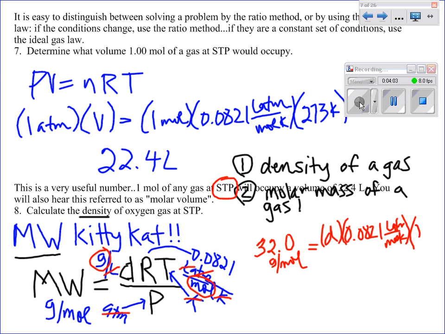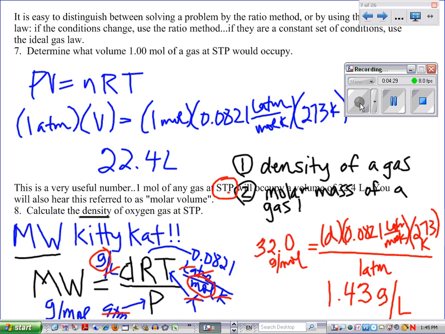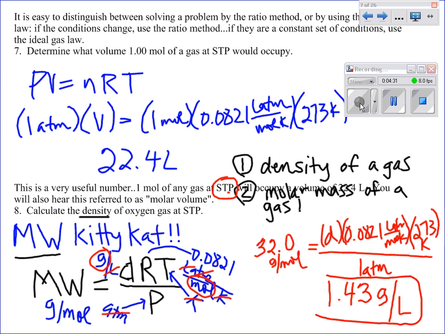STP, so 273, and that's Kelvin. All of that divided by STP pressure, or 1 atm. So let's go ahead and solve. So the answer is 1.43 grams per liter.